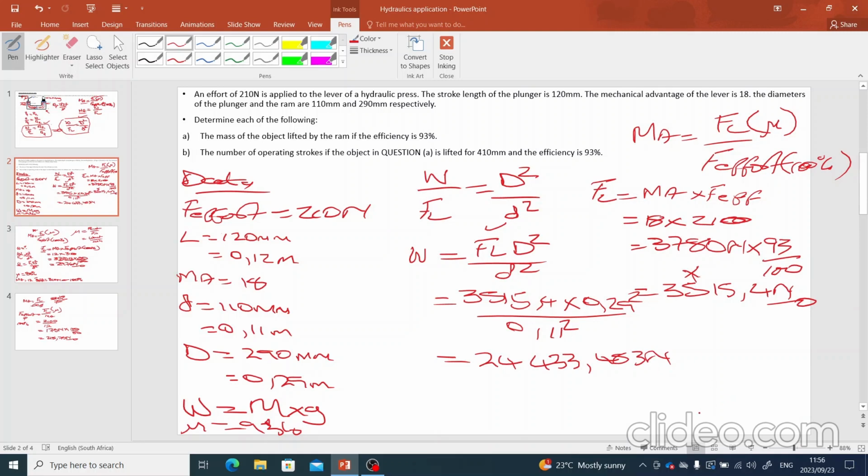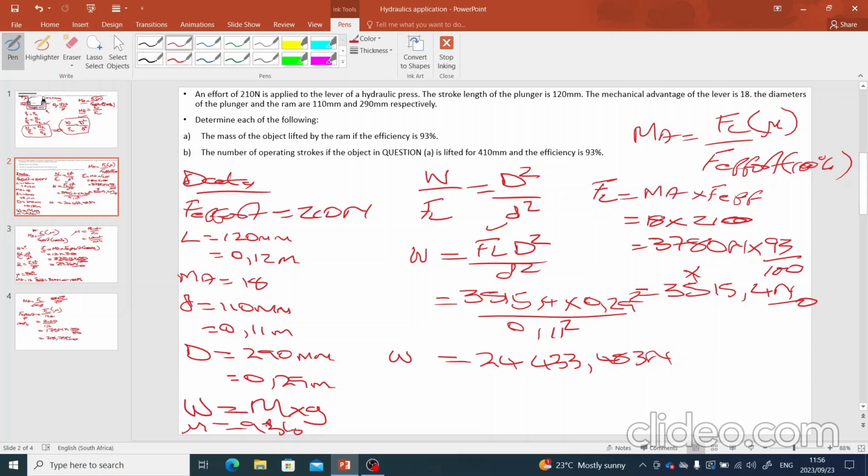Now, this is our W. For us to get the mass, we then have to divide by 9.8. Then our mass is 2,493.23 kgs. This is how you tackle this question.